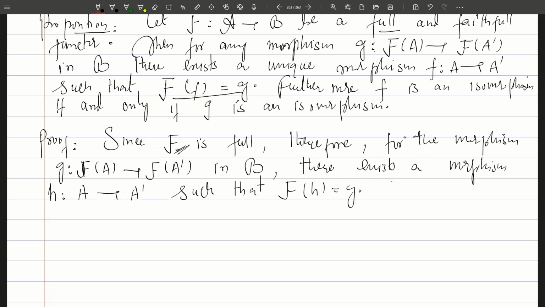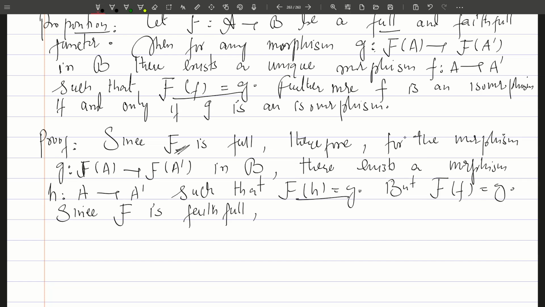But F of this little f is also G. So this is also given to be equal to G. But since this F is faithful, one can note here F of h is G, F of f is G. That means F of h and F of f are the same.